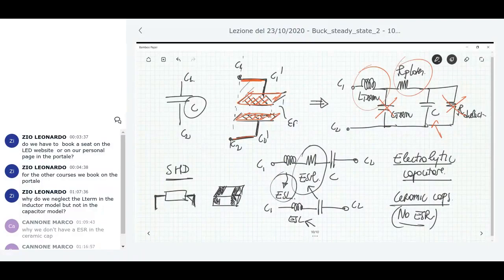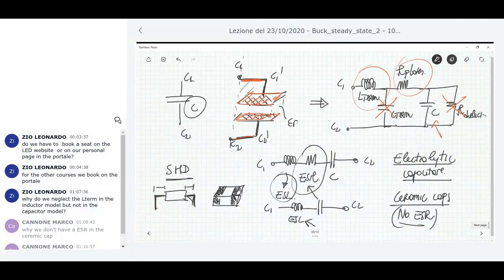This is for having compact components leading to compact applications, because you have no extra space to accommodate these leads. And the leads are so short that typically the equivalent series inductance can be skipped altogether.